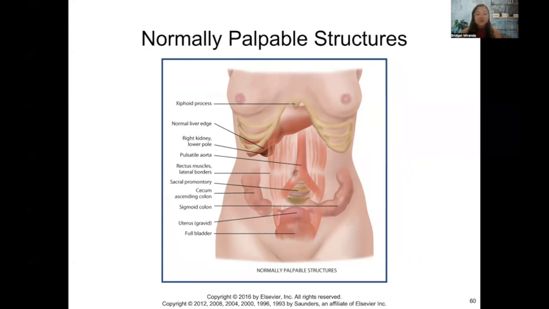Sometimes you can feel the pulsation of the aorta, like I said. Additional tests can help you find the right kidney, just the lower pole of the right kidney. It's more difficult to find the left one. You definitely need to know the xiphoid process as a landmark, and then maybe you can palpate that liver margin.